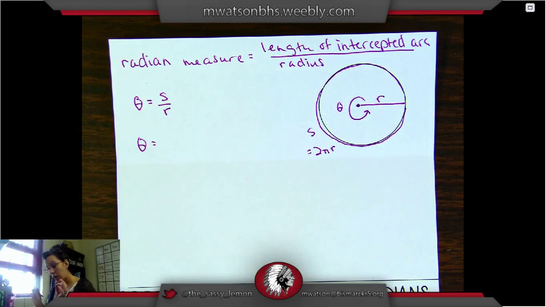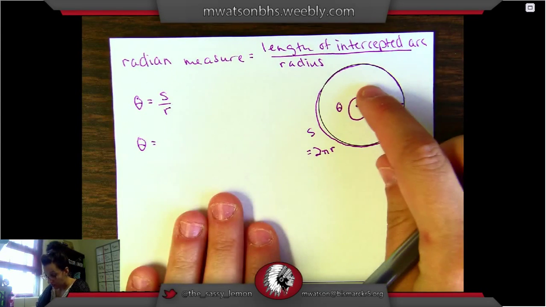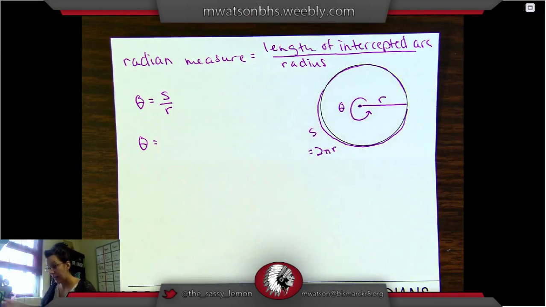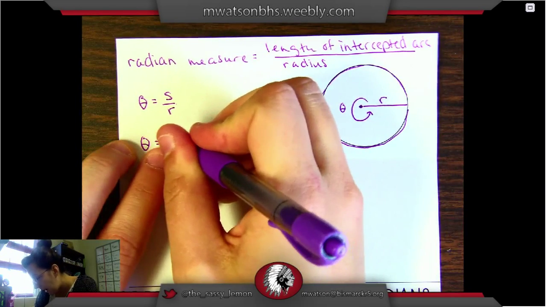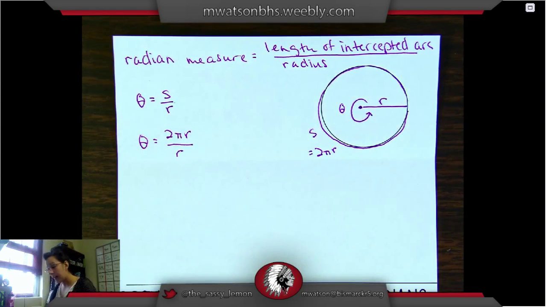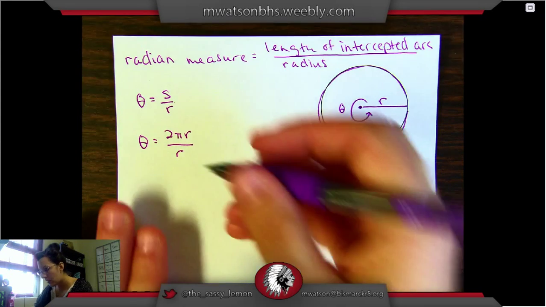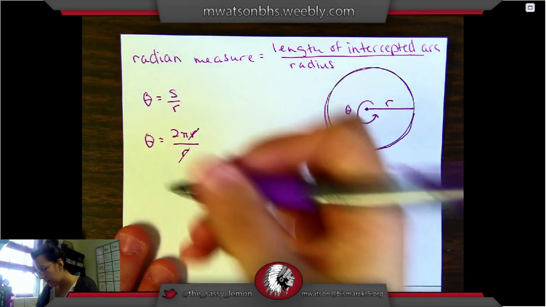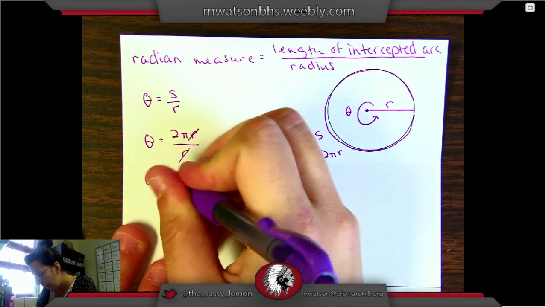Remember, we're trying to determine the radian measure in a circle where the arc length is actually the whole thing. So we're going to plug in 2 pi r for our S, and then our radius is simply r. And now something interesting happens. Hopefully your algebra skills are kicking in, and you can see that the radius actually cancels. And so we're left with theta equals 2 pi.